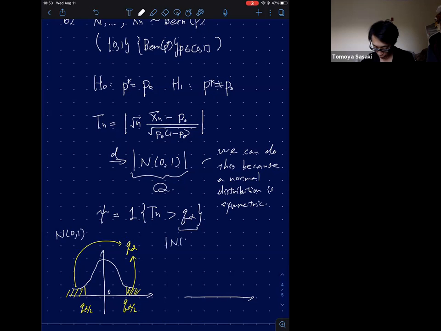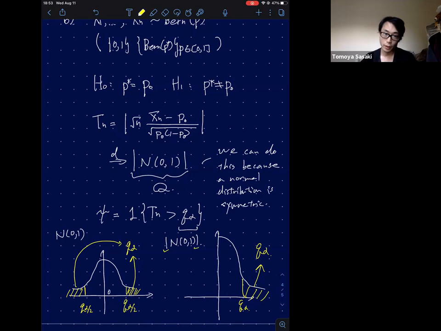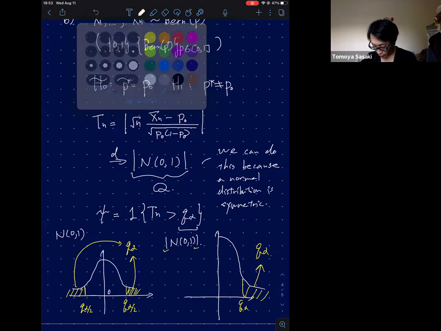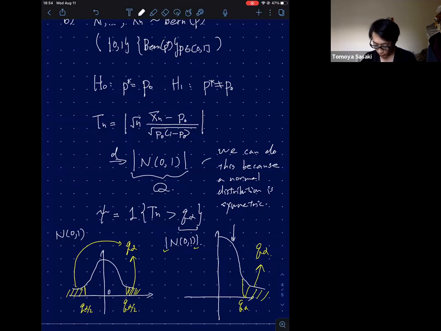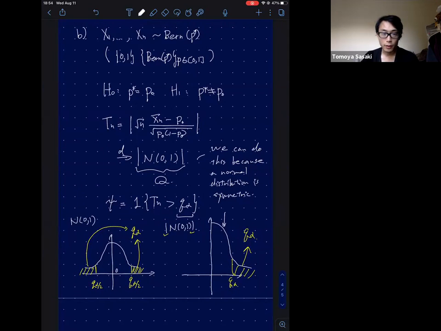But if we have a normal 0, 1 with an absolute value sign, we are folding the normal distribution, so it's going to be a little bit bigger than what we have on the left. If we take q of alpha here, this area by itself is alpha, because we're folding the normal distribution and accumulating it on the positive side. Does this make sense? Does this answer your question, Nicholas?